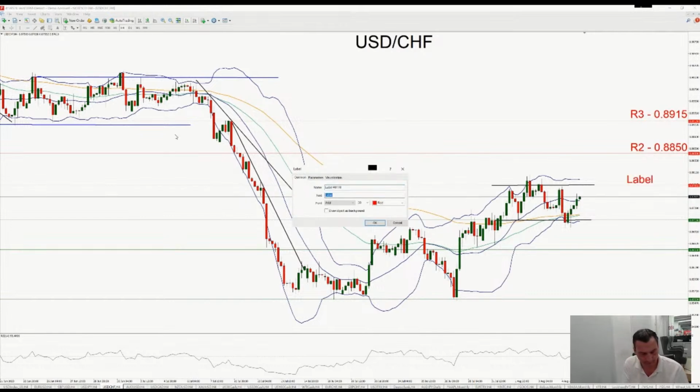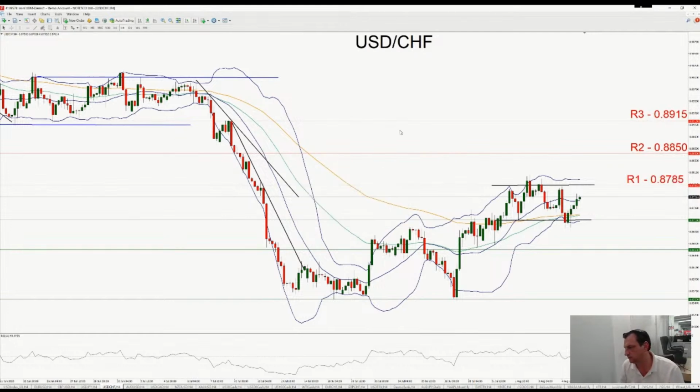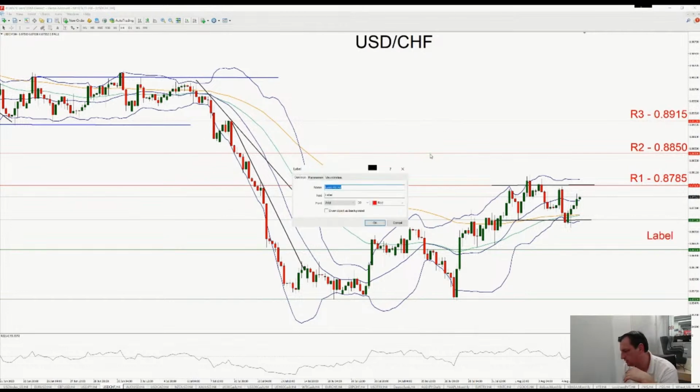R1, 0.8785. Let's verify that again. S1 at 0.8715.